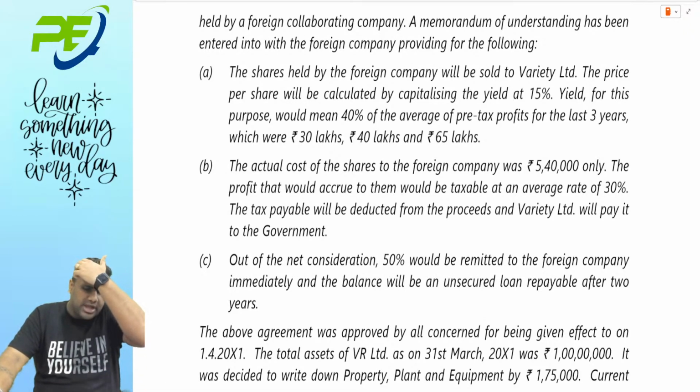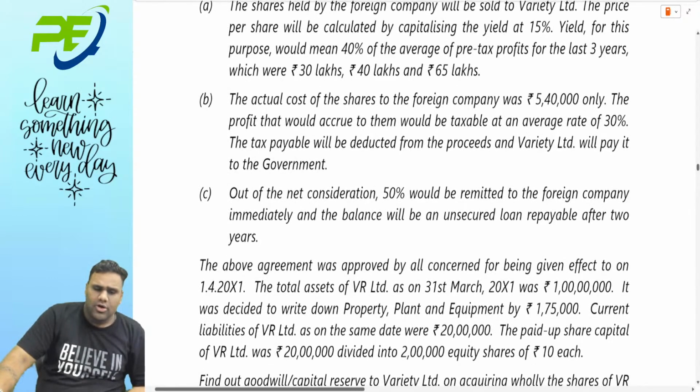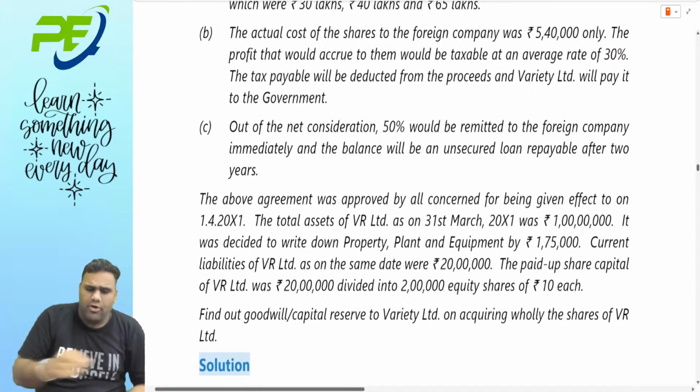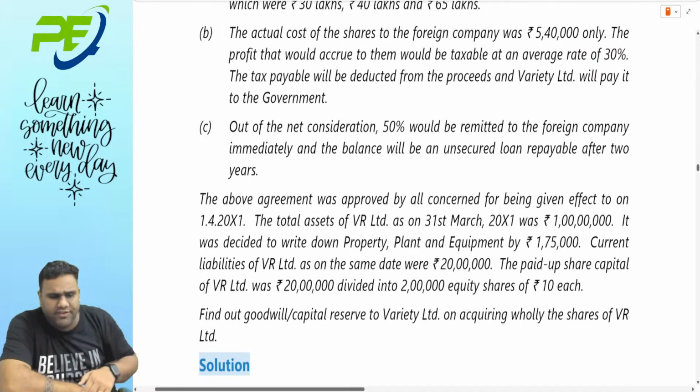The profit that would accrue to them would be taxable at an average rate of 30%. The tax payable will be deducted from the proceeds and Variety Limited will pay it to the government. So out of the net consideration, 50% would be remitted to the foreign company immediately and the balance will be an unsecured loan repayable after 2 years.